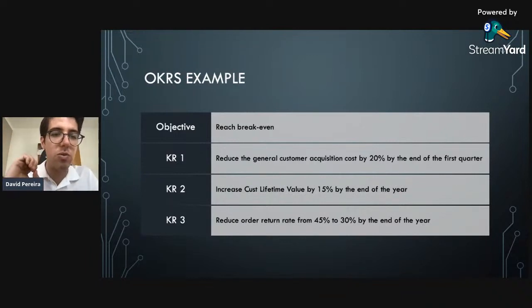If we can reduce the return rate from 45 to 30, but we focus first on the key result that was more pressing. For that, we realized we had loyal customers and we could invite them to bring their friends in exchange for a reward. We said, just share your love for wine. You bring a friend, you and your friend get an exclusive bottle of wine. And you both benefit as well as us.